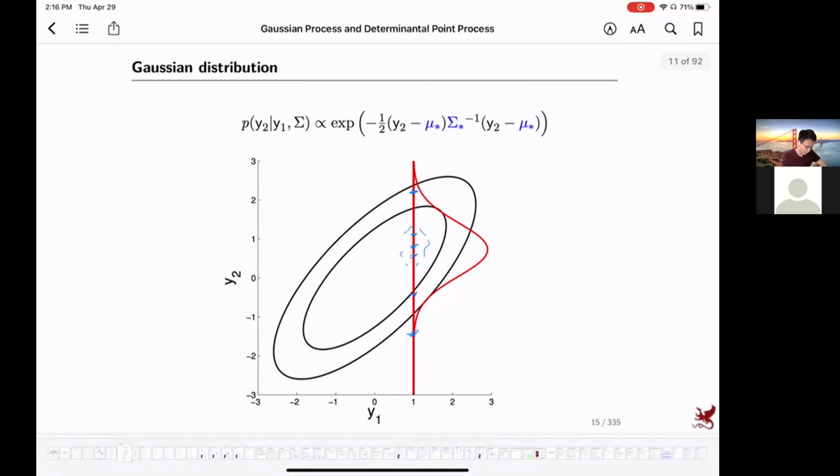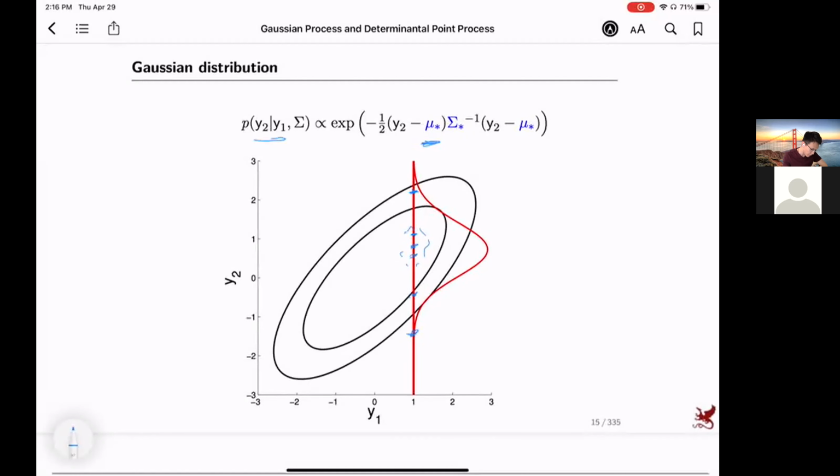We will see that the whole idea of the multivariate Gaussian process is based on this nice property. In this case, when we consider the conditional distribution, we will get two new parameters. One is this parameter mu star, which describes the mean of the projections on this red line. The other is this new covariance matrix sigma star, which describes how spread out this new conditional Gaussian is.